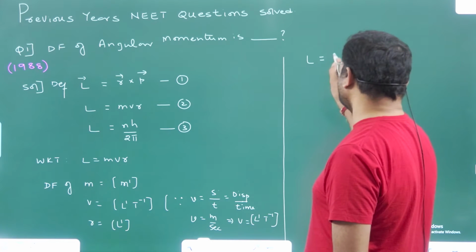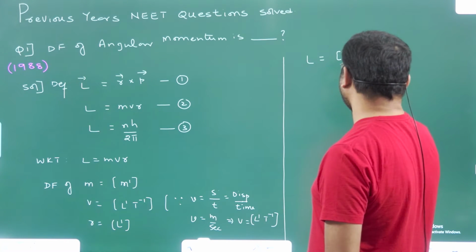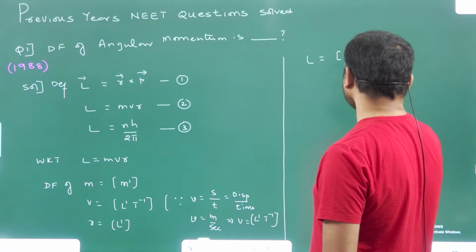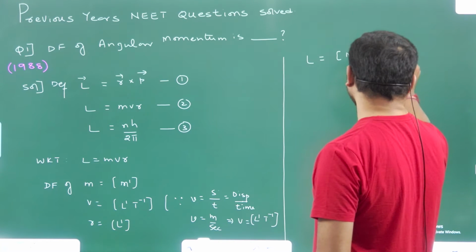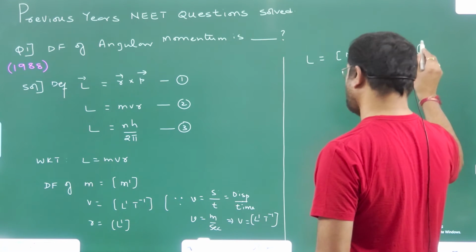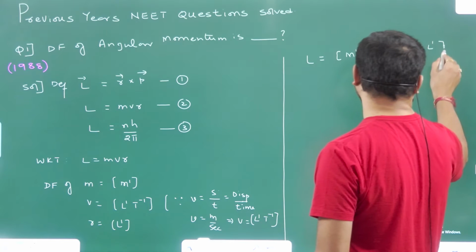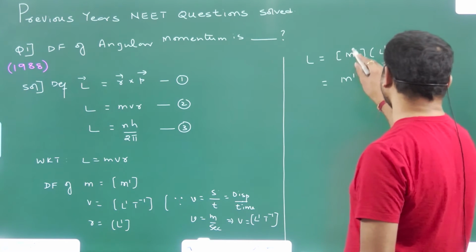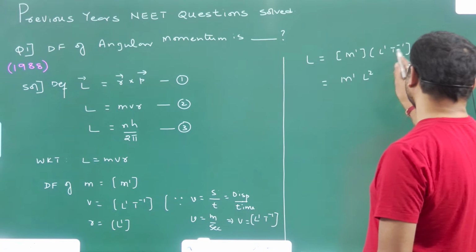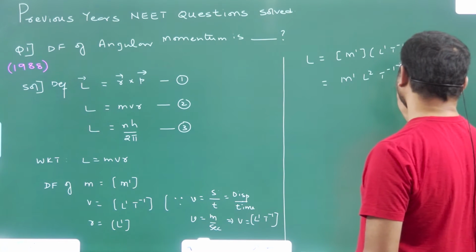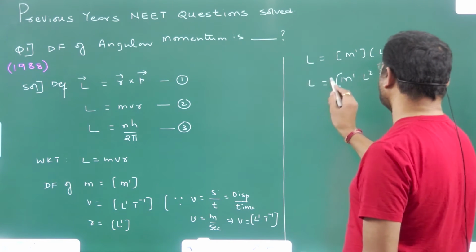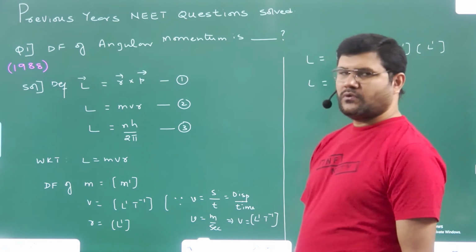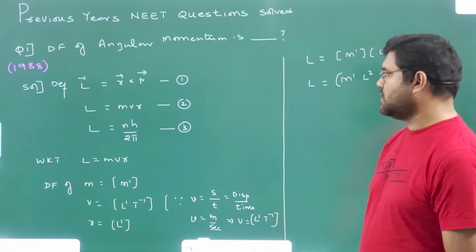Therefore, L will be equal to M power 1 into L power 1 t power minus 1 into L power 1, which is M only once, L twice, t power minus 1. Here I would like to tell you a very important point.